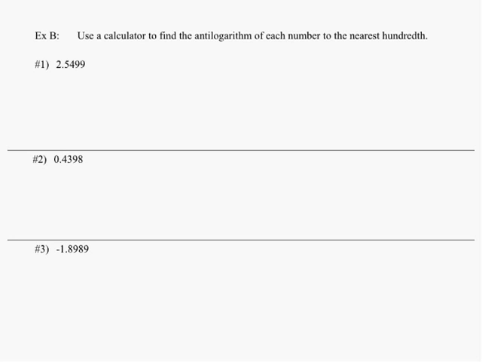Calculators try to put inverse functions on the same button. They're inverses. So you notice sine and sine inverse are on the same button. You should notice that log and anti-log are on the same button. Anti-log, once again, of 2.5499 means 10 to the 2.5499.